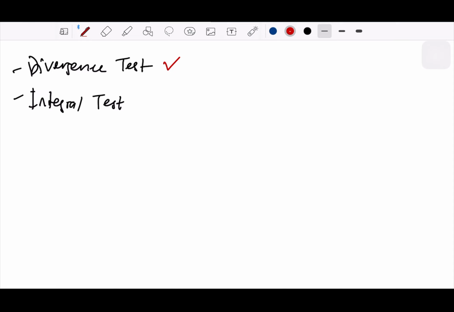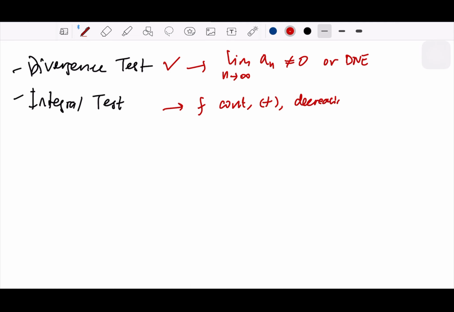Integral test. For the integral test, the function needs to be continuous, positive, and always decreasing from 1 to infinity.